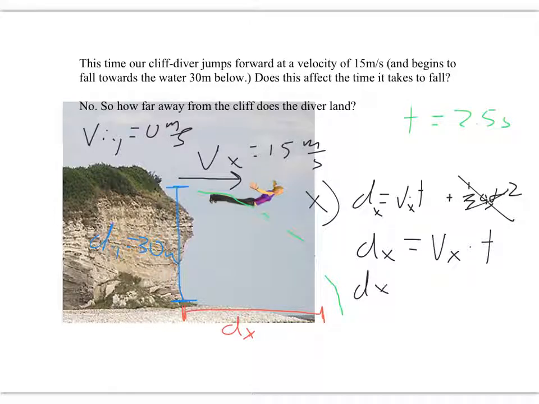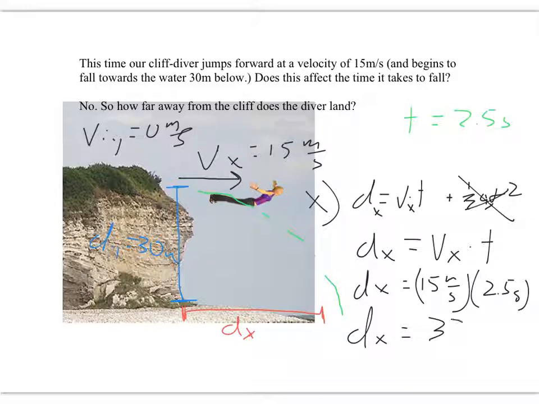So easy calculation, dx is equal to 15 meters per second times the time of 2.5 seconds. Throw that in a calculator, and you will get 37.5 meters. And this problem is done.